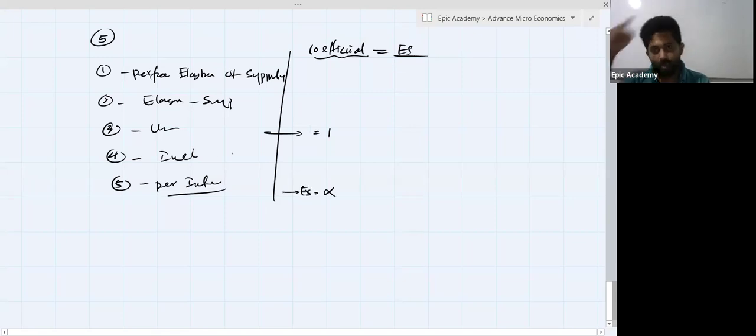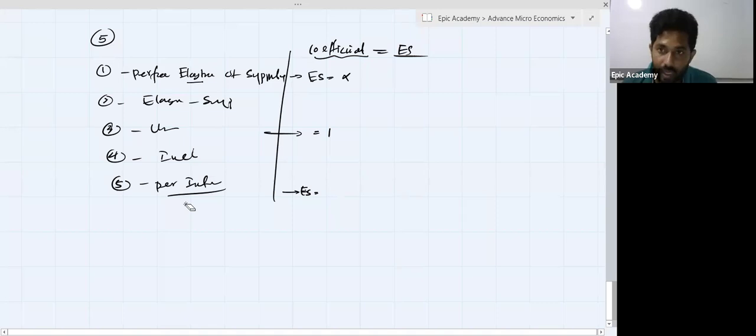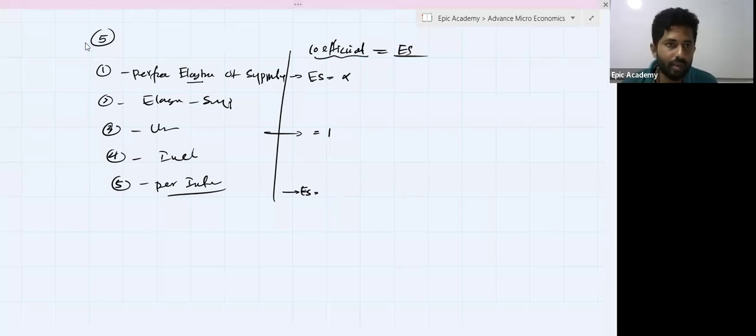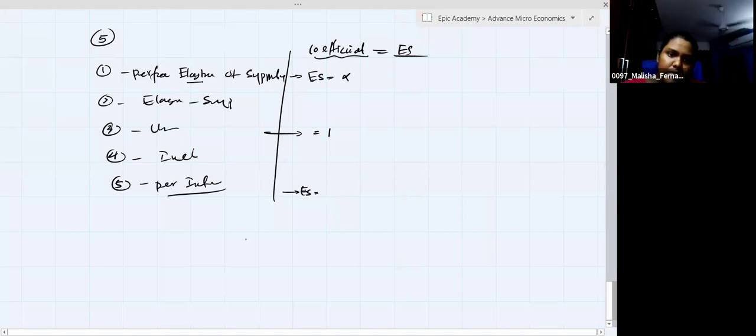It is similar to the perfect elasticity of demand. Sorry, that's the point, perfect elasticity, isn't it? Yes. ES equal to infinity. Right, sorry. This one is perfect inelastic. Perfect inelastic, there is no response. Yeah, 0. So it must be 0.